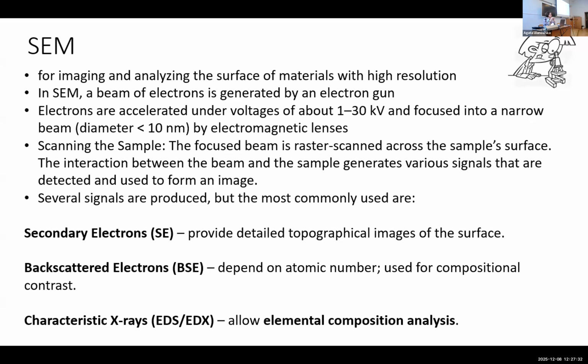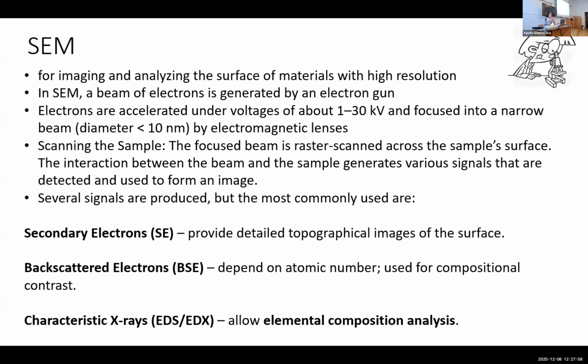Electrons are accelerated under voltages of about 1 to 30 kV and focused into a narrow beam by electromagnetic lenses. Scanning the sample: the focused beam is raster scanned across the sample surface. The interaction between the beam and the sample generates various signals that are detected and used to form an image.